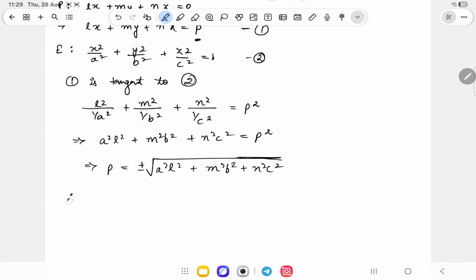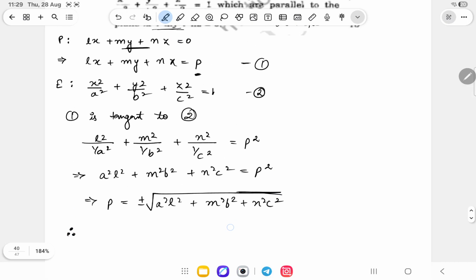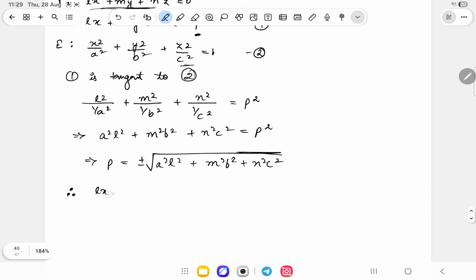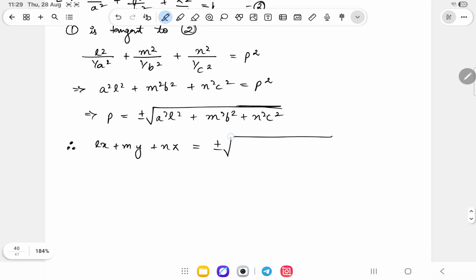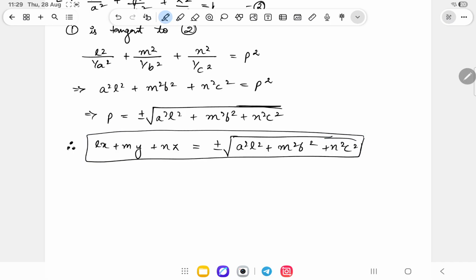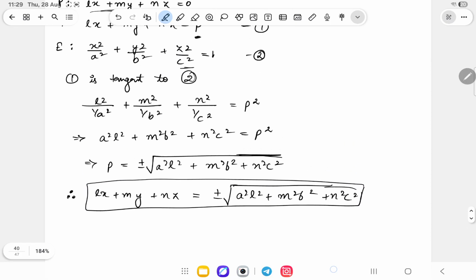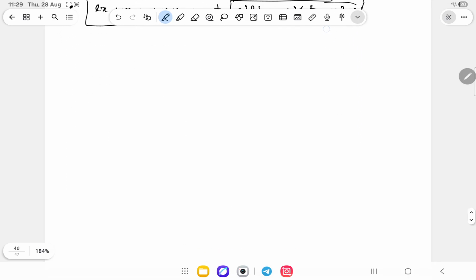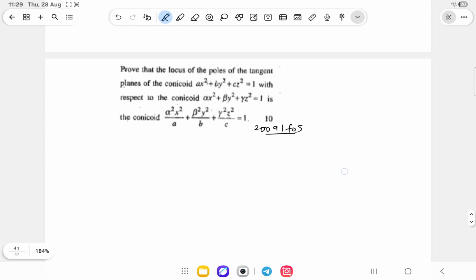So the required equation of the plane, which is parallel to this and tangent to this, is Lx plus my plus nz equals plus minus under root a square L square plus m square b square plus n square c square. So these are the equations of planes that are acting as tangents to the given ellipsoid. So let us move on to the next question.